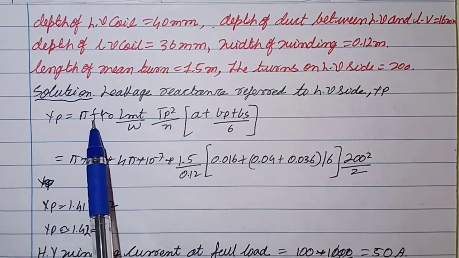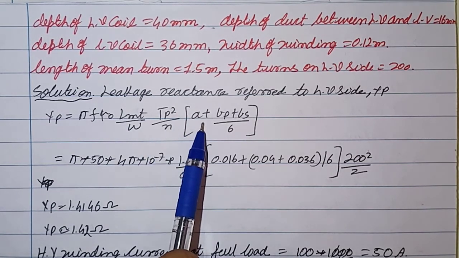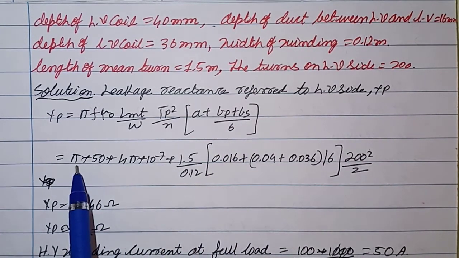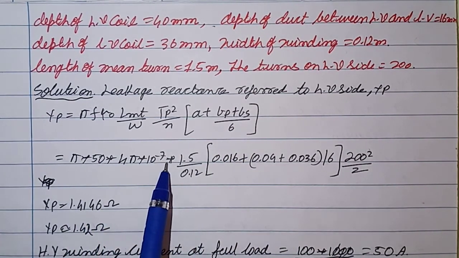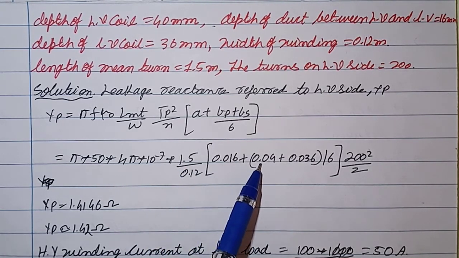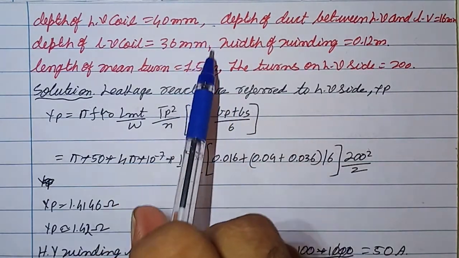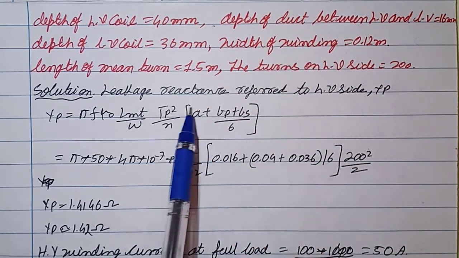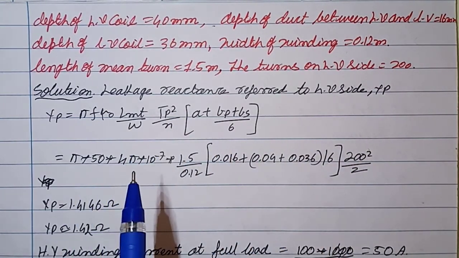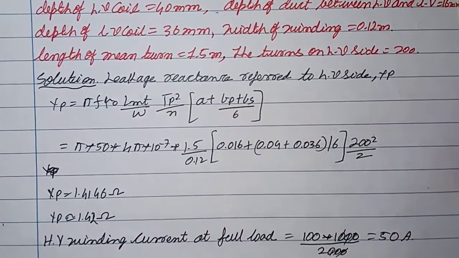So it is Xp = π f μ0 (Lmt/W) (Tp²/n) × (a + (bp + bs)/6). That is π f μ0 into 1.5 by 0.12, times (0.016 plus 0.04 plus 0.036), these two values divided by 6, into Tp 200 squared by 2, because n here is the number of HV coils, which they have told us is 2.